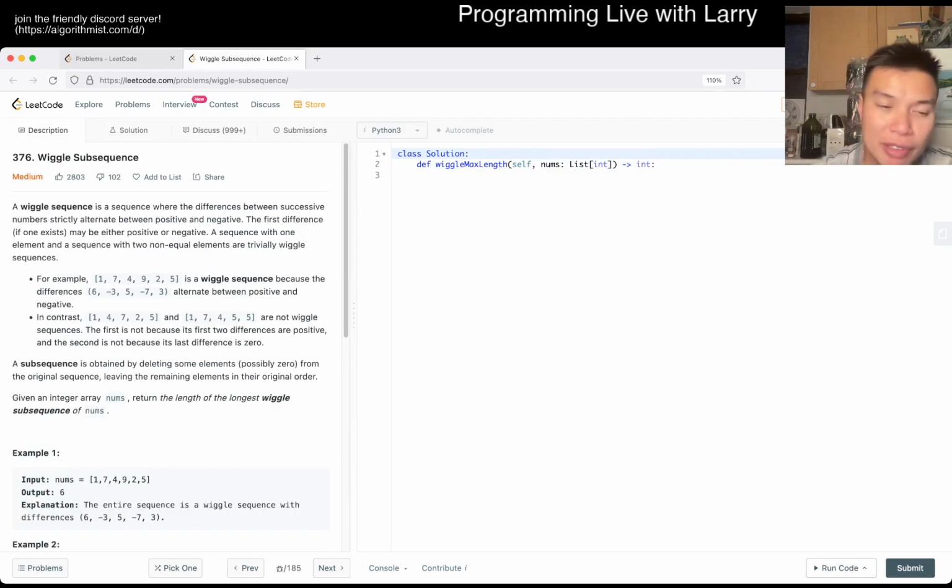You do some n squared thing where this would be the longest path in a DAG. Longest path in a DAG is going to be n squared, without any observation. That alone will give us an n squared and a correct solution.